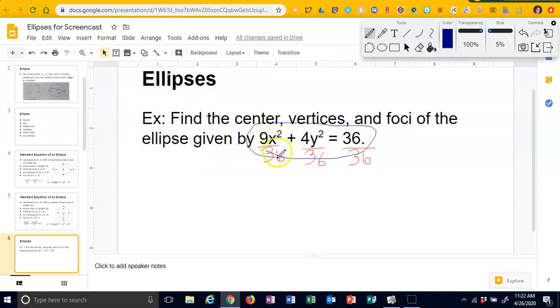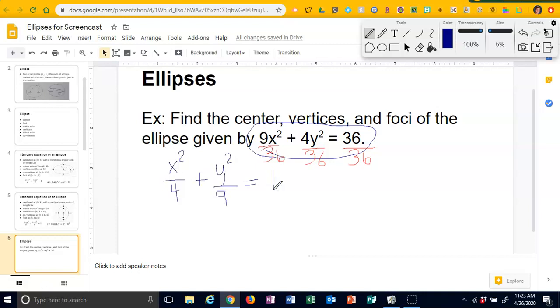Now 9/36: 9 goes into 9 once, it goes into 36 4 times. So basically it looks like this now. x squared over 4 plus, and 4 goes into 4 once, it goes into 36 9 times. So this is just simplifying the fractions. y squared over 9, and 36 divided by 36 is 1.